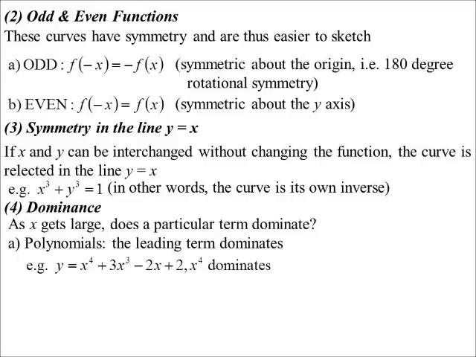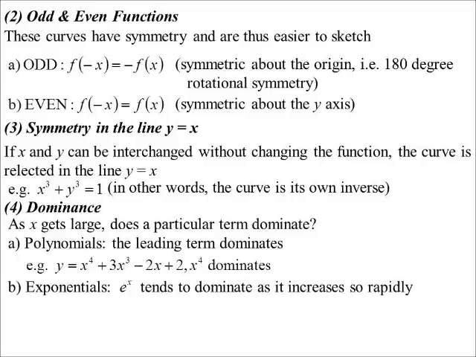When you sub in really, really big numbers, the other terms are insignificant compared to it. So in this case, x to the power of 4 would dominate, so we know the curve would start at the top of the second quadrant and finish at the top of the first quadrant.